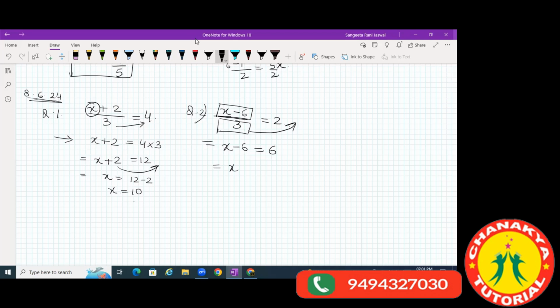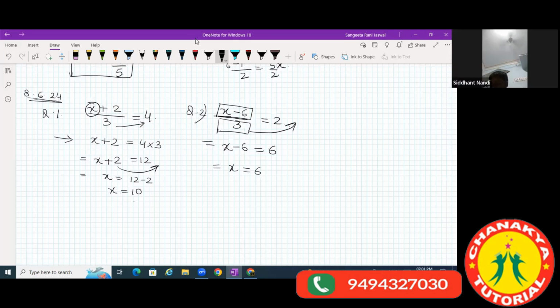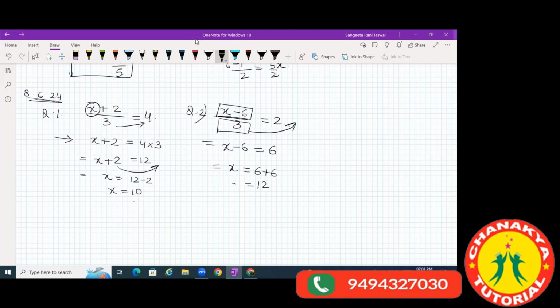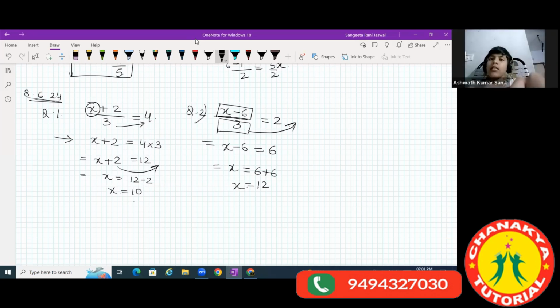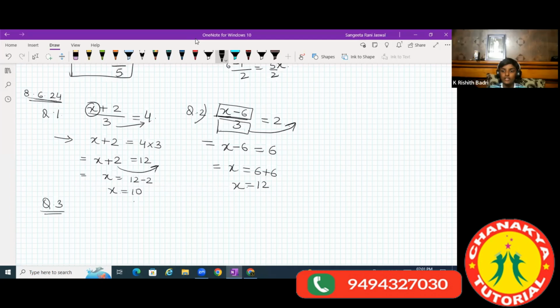So I'm taking minus 6 to the other side. This becomes 6 plus 6, which is equal to 4, answer 12. Okay. These small questions are easy, but like little complicated ones, yes, ma'am. We did big, complicated questions yesterday.